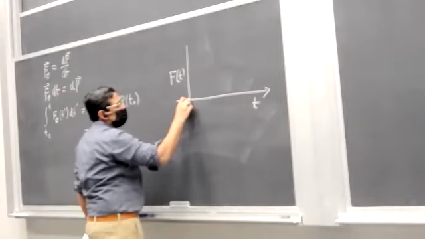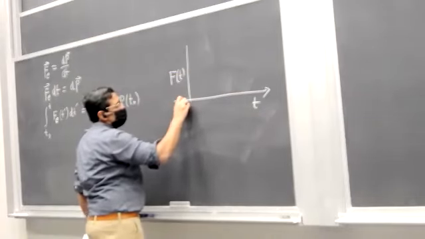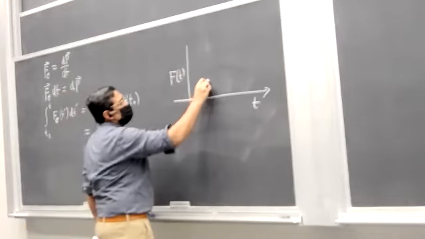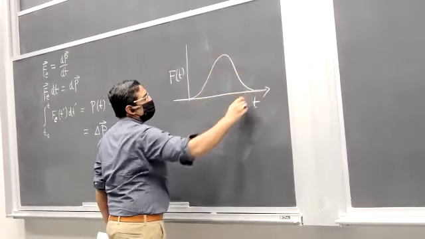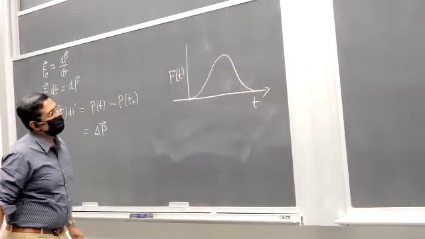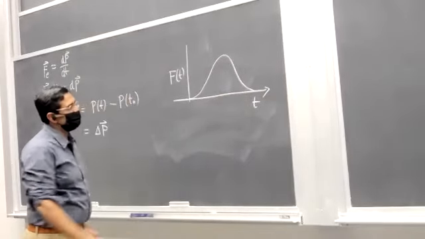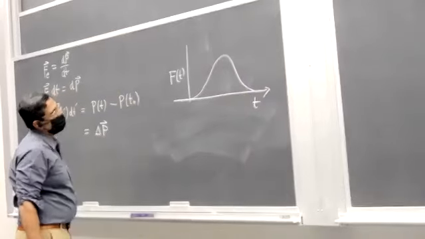Let's say T0 is when the ball touches the wall, and then the force goes to a maximum, then goes to 0. So this is the contact time. This is the time the ball was in contact with the wall. Okay. And once it's no more in contact with the wall, there is no more force.